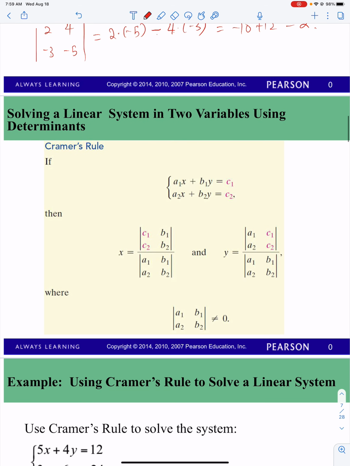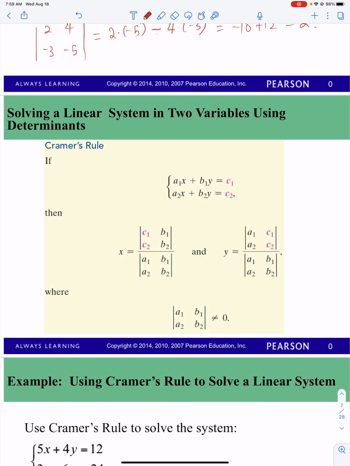The next one is solving a linear system in two variables using determinants. So we want to introduce Cramer's rule. What method did we learn before? You can use substitution or the elimination method.